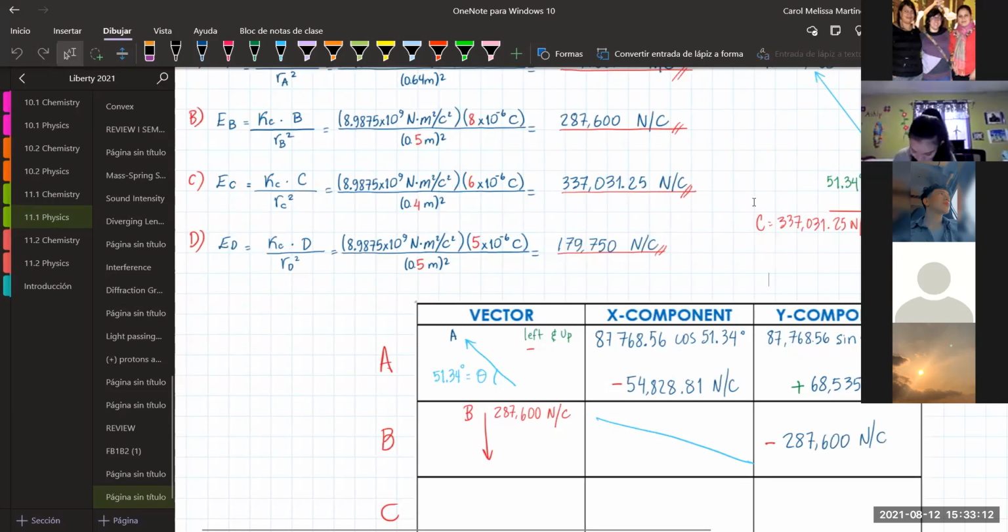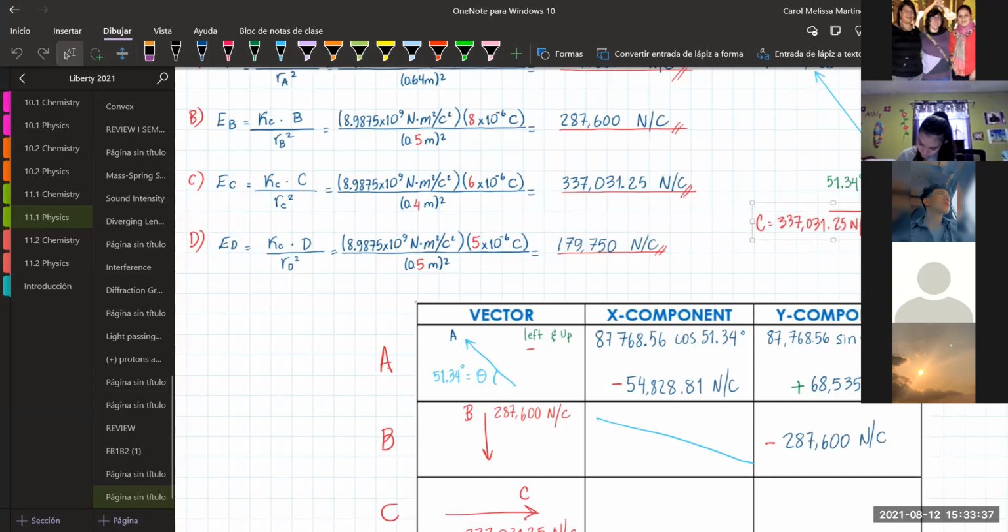My vector C, even though it is located on the left, the arrow is pointing to the right. So this vector is going in this direction, is my vector C, and it measures this value.